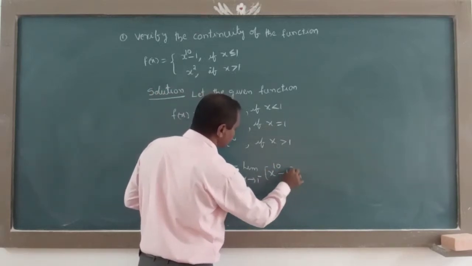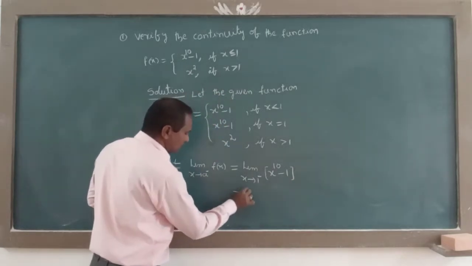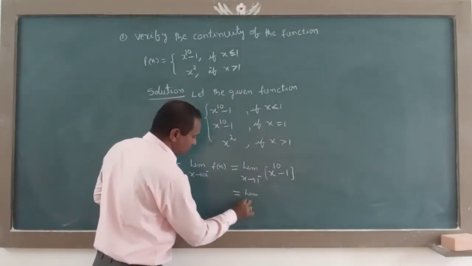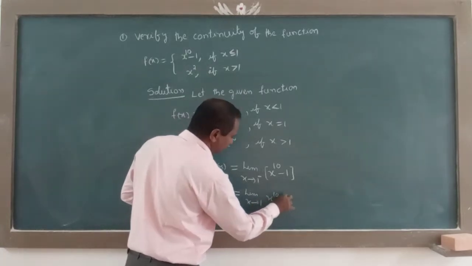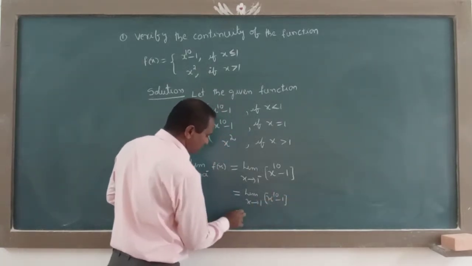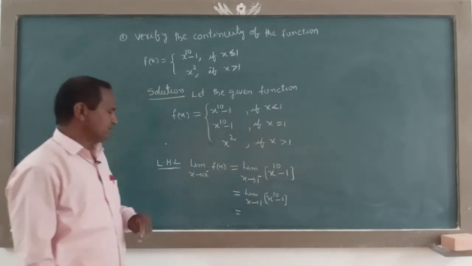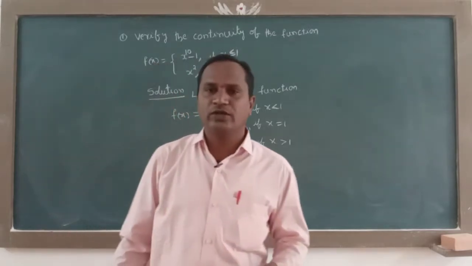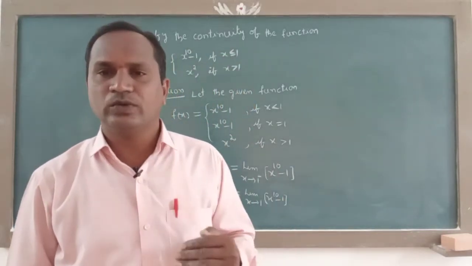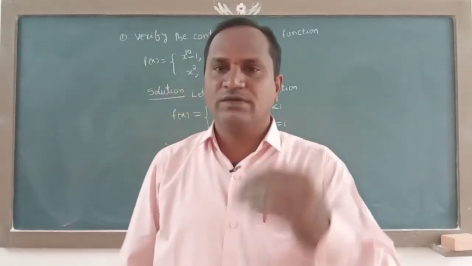So, limit x tending to 1 of x power 10 minus 1. Now we remove the limit. When you remove the limit, whichever value the variable tends to, we must substitute that value in place of the variable in the given function.